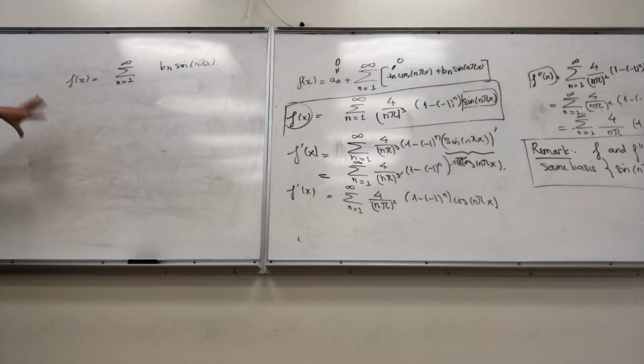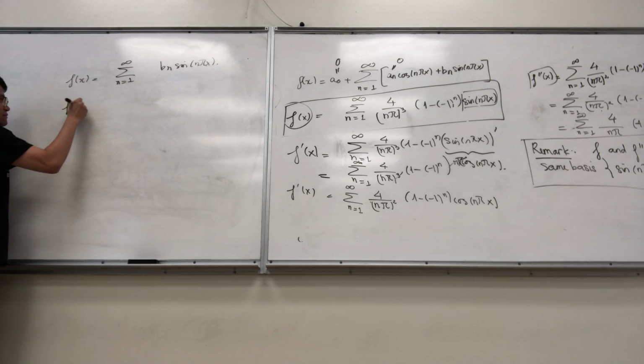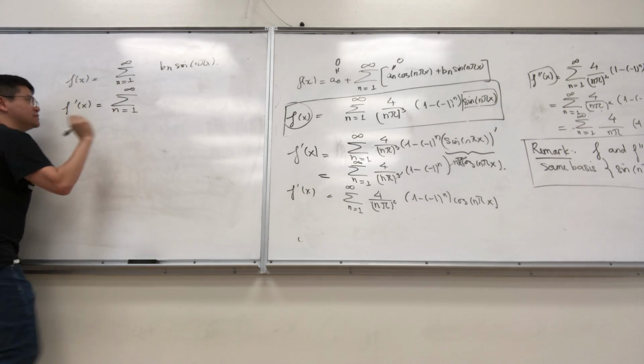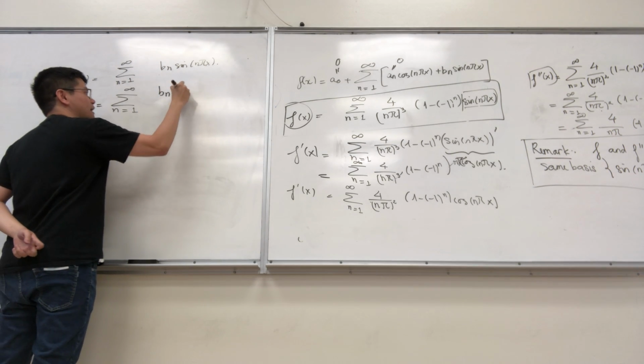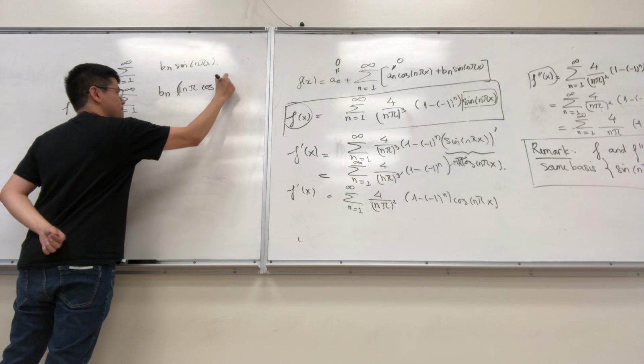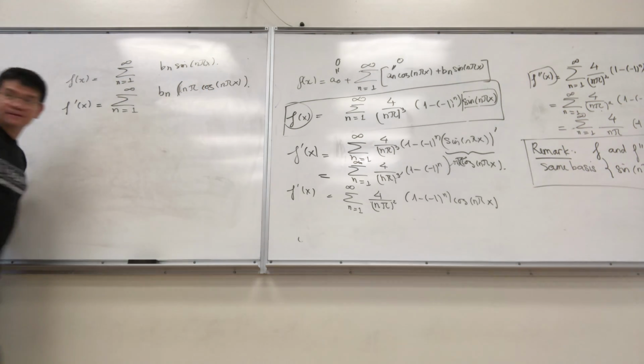Now let us see what is going on if we take the derivative twice of this function. So the first time I take the derivative, it is going to be the sum, n going from 1 to infinity, of b_n n pi cosinus of n pi x. All right?